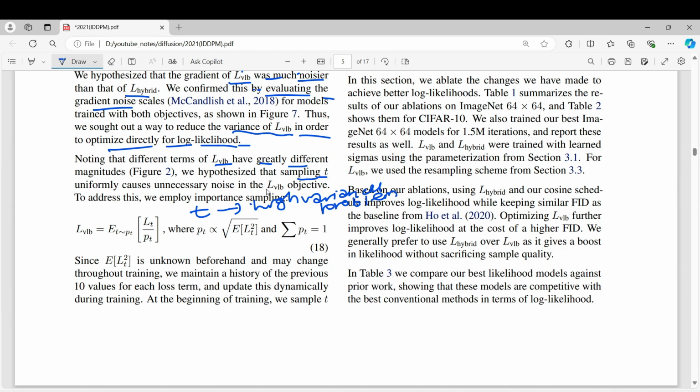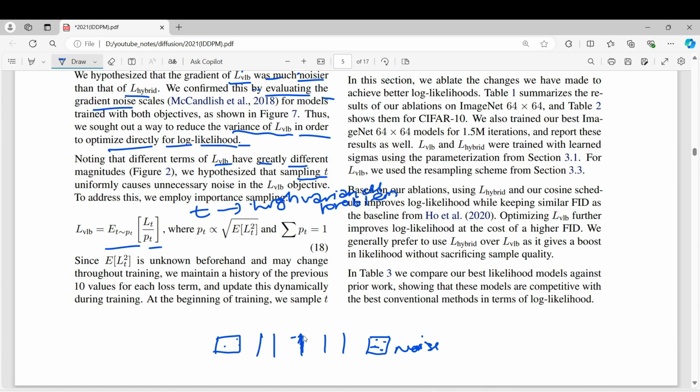So they are going to apply something called importance sampling. To understand it with just mathematical intuition: if you are doing the reverse process, you start from pure noise, and from noise you want to go back to a real looking image, and there are some steps.